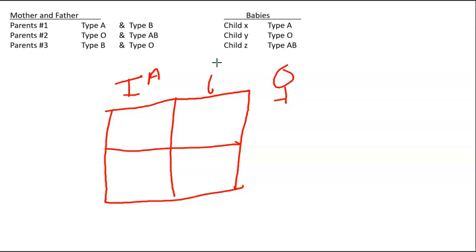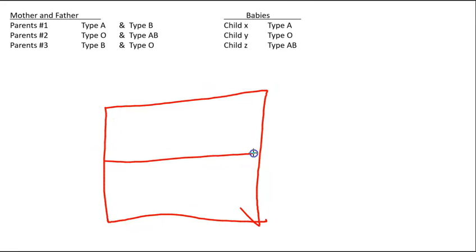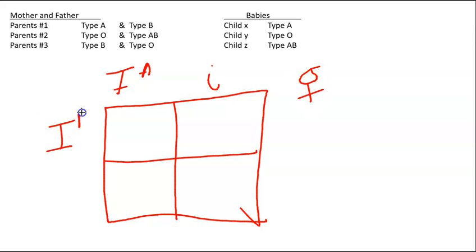Whereas dad, he's still homozygous dominant for type B. Oops, sorry, little i. To redraw that. And that's mom. And then we have dad, who's homozygous for type B. So then we do our Punnett square.